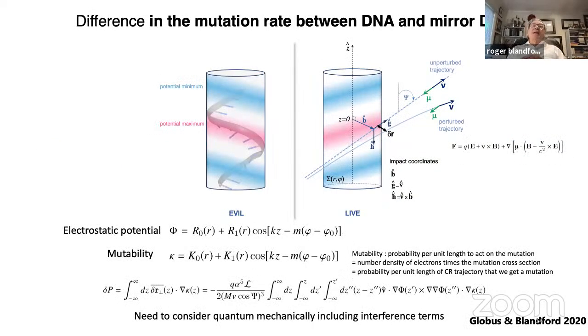I don't want to go through any of this in any detail. What's probably most straightforward is to think about the interaction between the cosmic ray and one of these cartoon molecules in a semi-classical way. So we're going to treat the electrons essentially as classical particles rather than quantum mechanical particles, which they actually are.